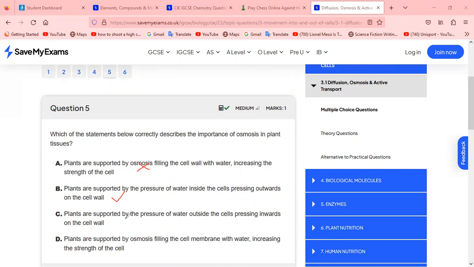Plants are supported by the pressure of water outside the cells pressing inwards on the cell wall. No. Plants are supported by osmosis, filling the cell membrane with water. No, it's the cell wall that's already giving it strength. Water pressing outwards on the cell wall, that's turgidity. So it's B.